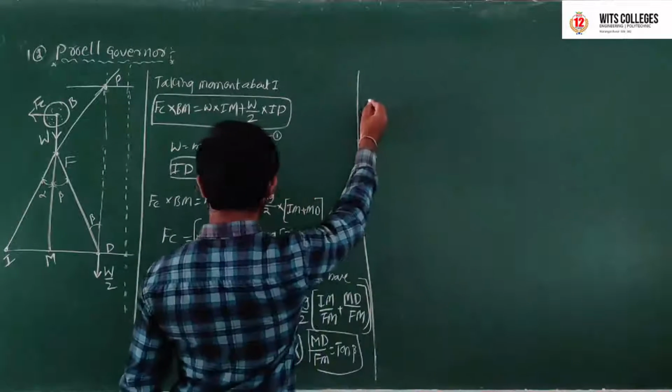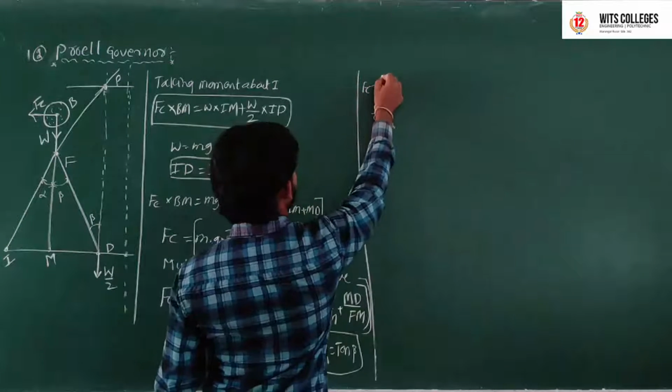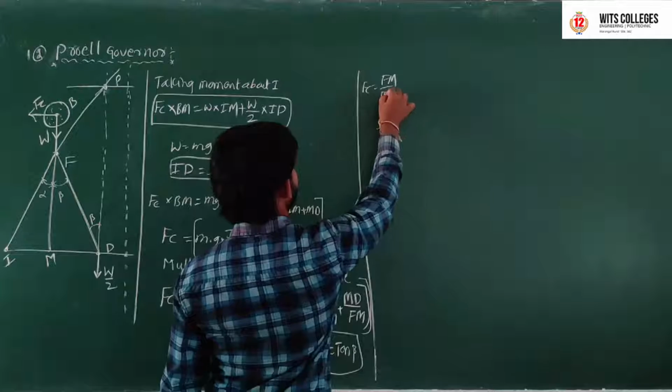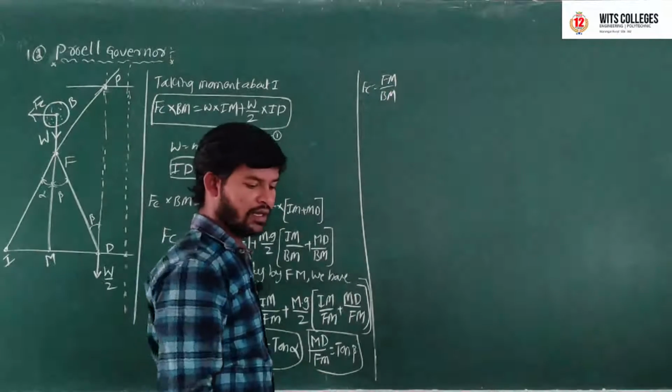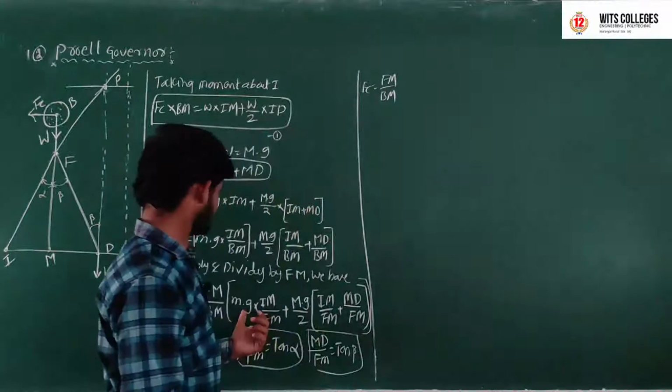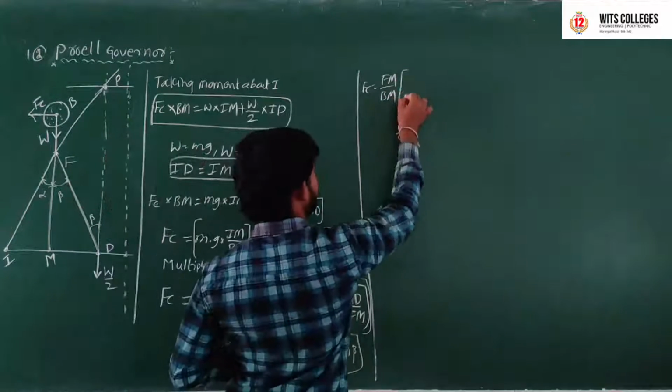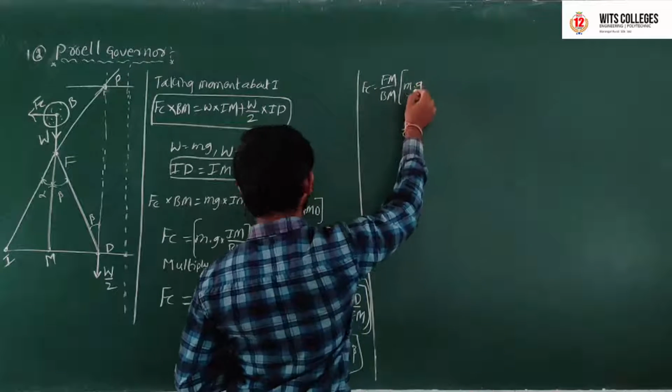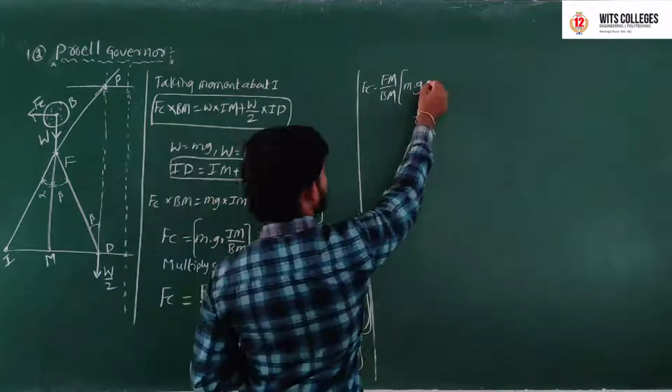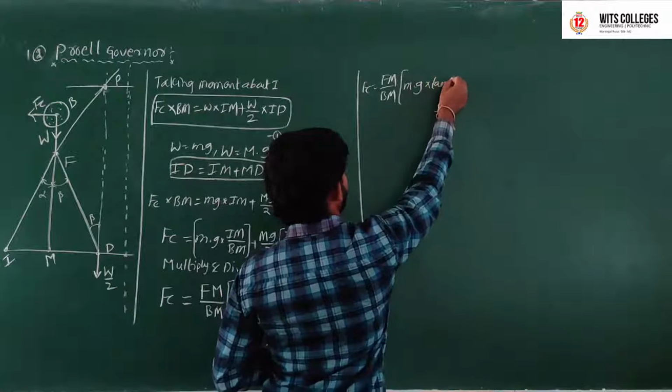Here Fc equals Fm by Bm into small mg into tan alpha.